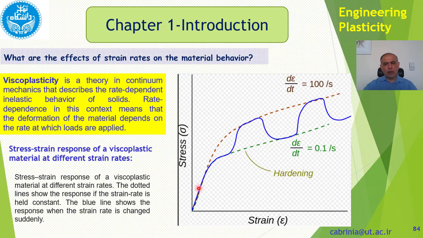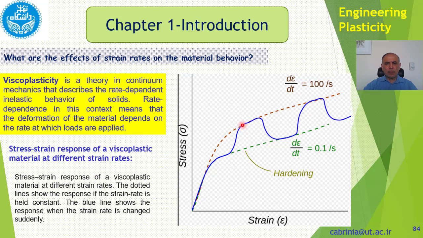For instance, we have loaded this strain curve, this blue line, with the 0.1 per second strain rate. In here, we have changed the strain rate, increased it. The strain rate is increasing, reaching 100 per second. So at points in between, it's between 0.1 to 100.